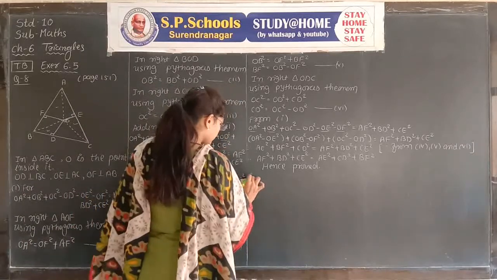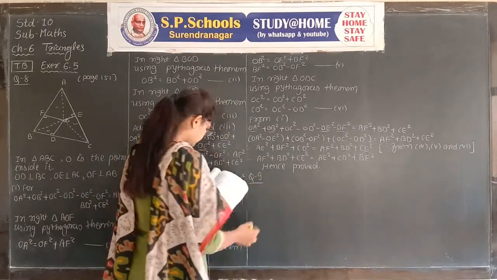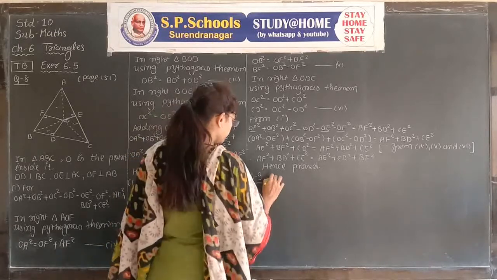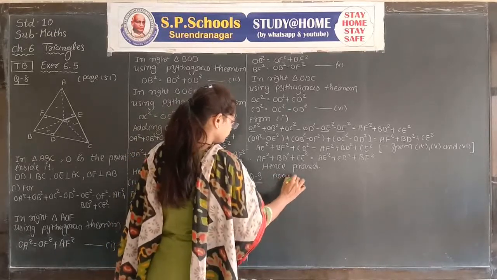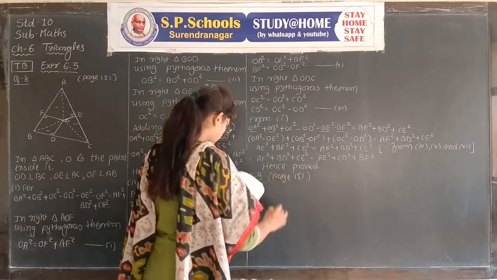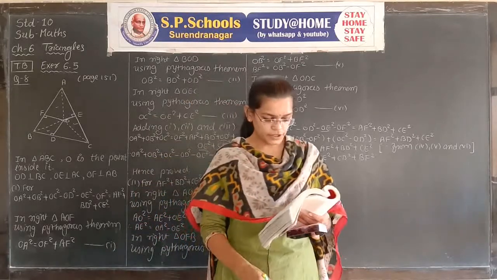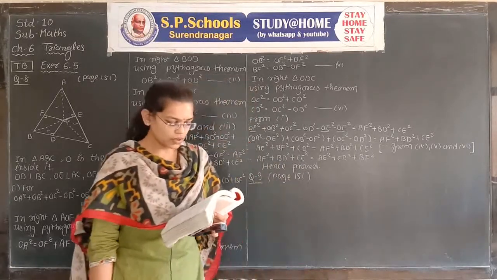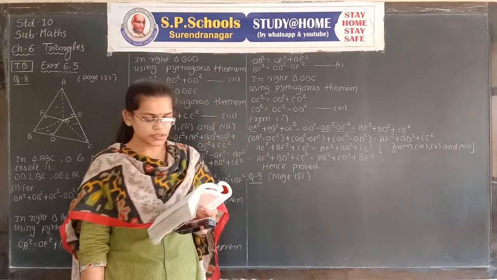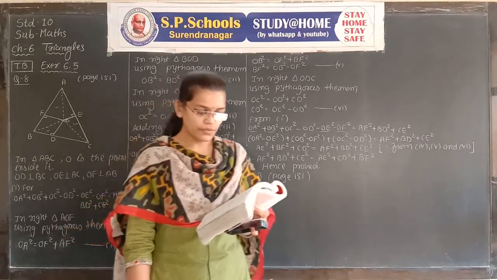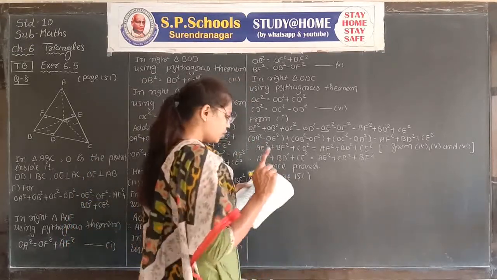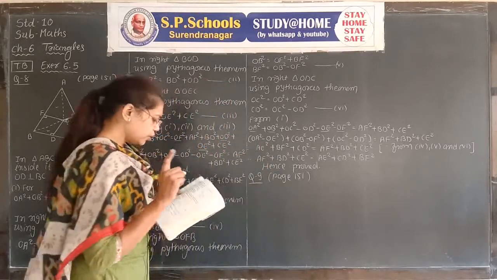Now see the next question, number 9, on page number 151. A ladder 10 meter long reaches a window 8 meter above the ground. Find the distance of the foot of the ladder from the base of the wall.